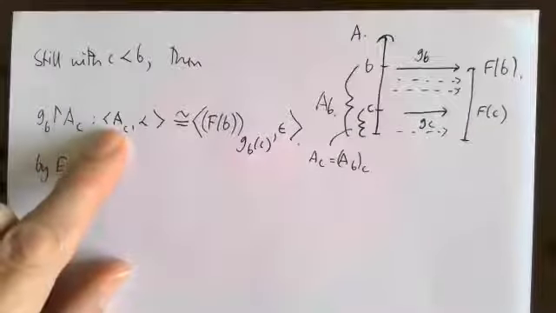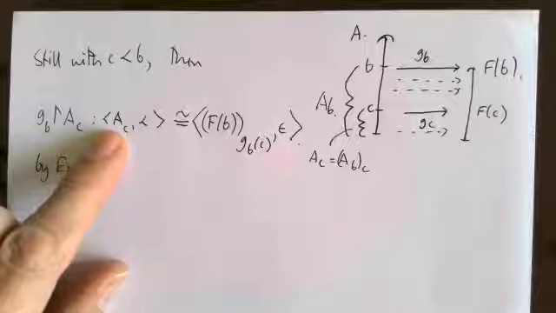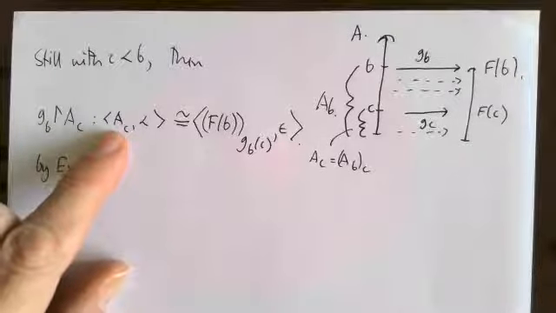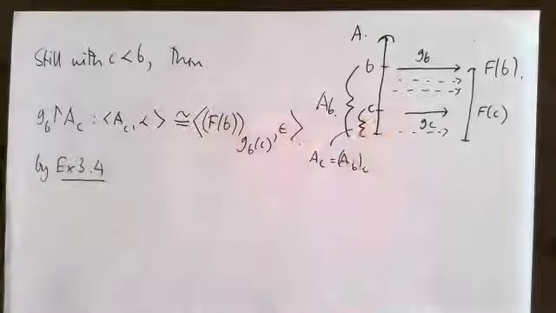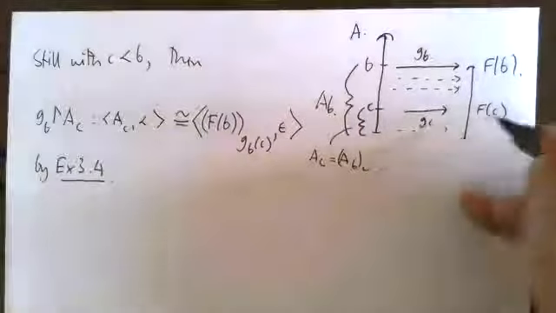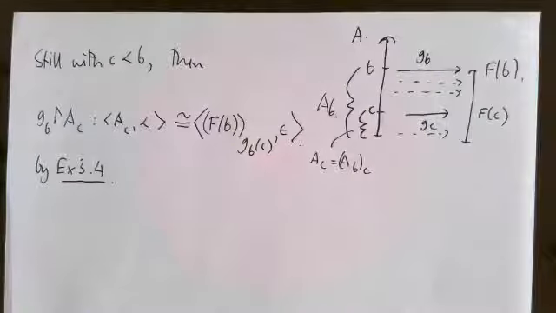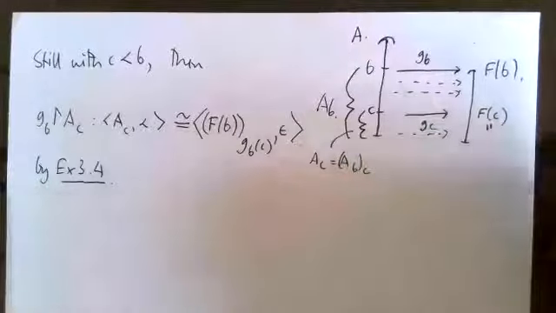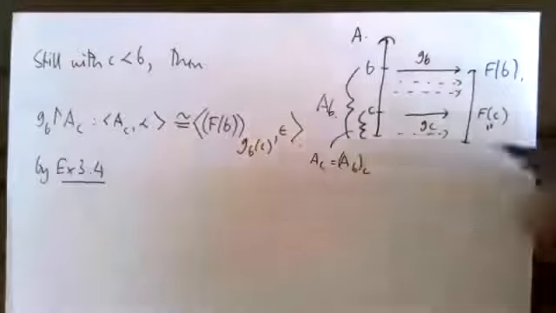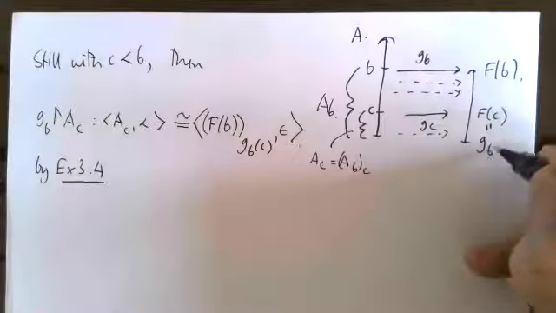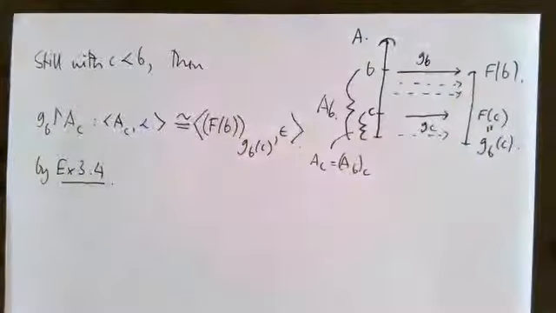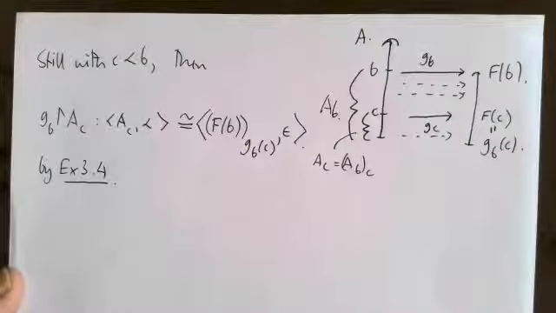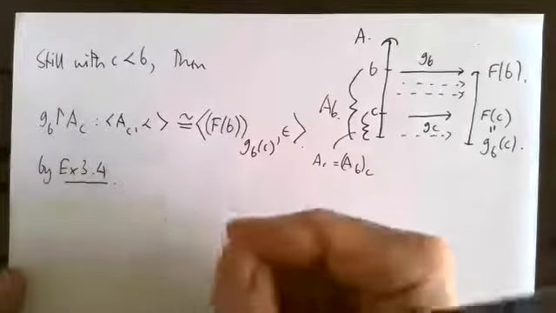This is my z over here, or my x sub z in the exercise. This is being taken over to this thing, which is GB of C. So this is by an application of 3.4.